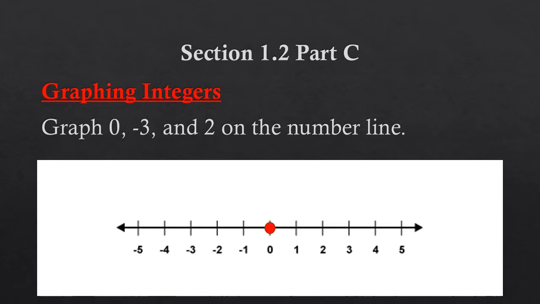Where is -3? -3 is right here, to the left of 0. So we will find that number and put a point right there. Where is 2? 2 is to the right of 0, so we will find 2, which is right here, and put a point right there. And that's graphing numbers on the number line.